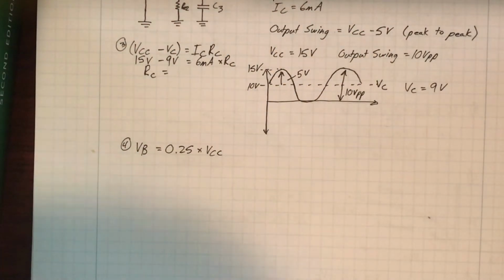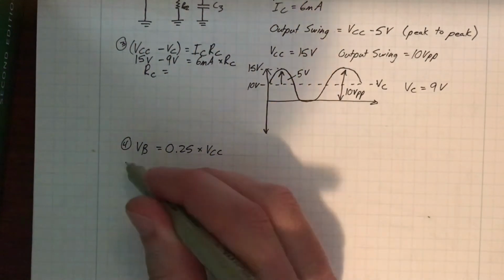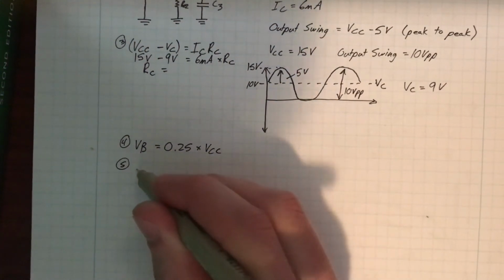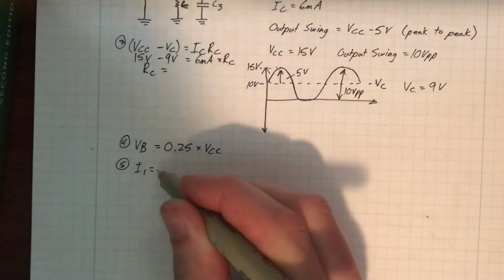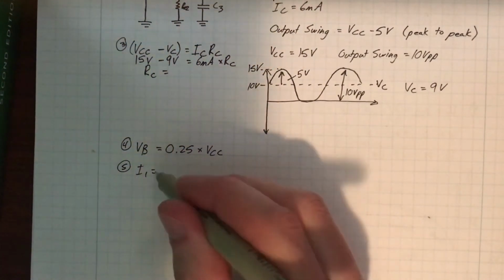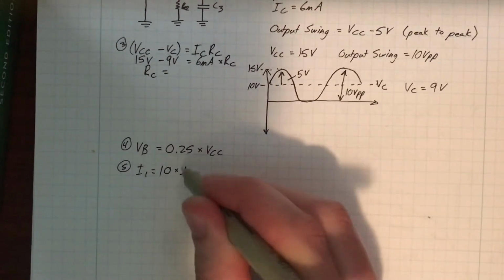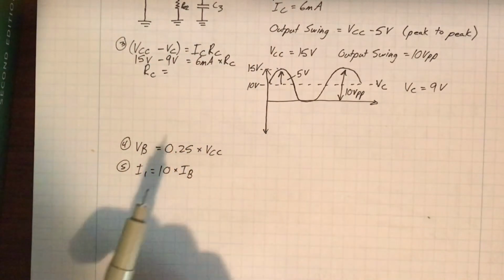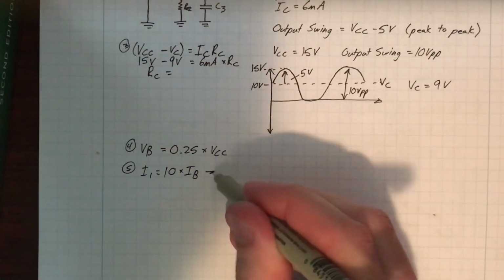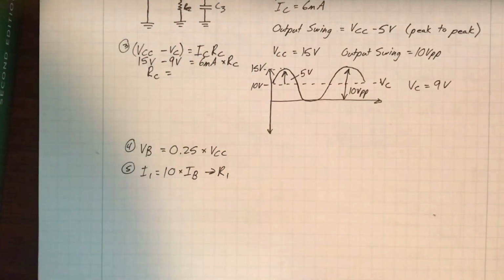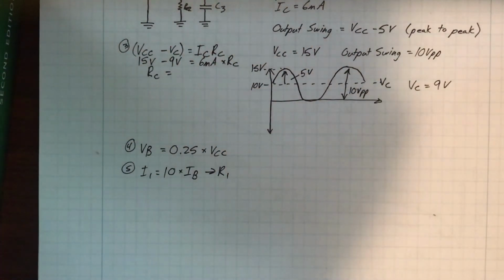Step 5, set I1 equal to 10 times IB, and then figure out what R1 is. Okay, so this is just going to do Ohm's law again.